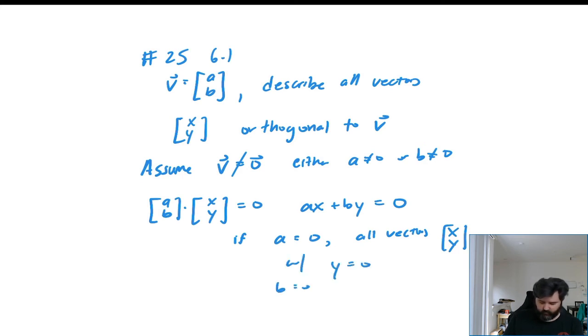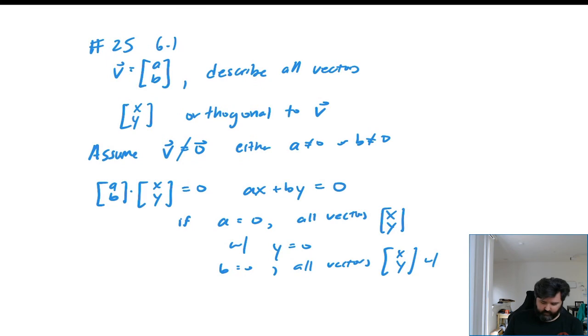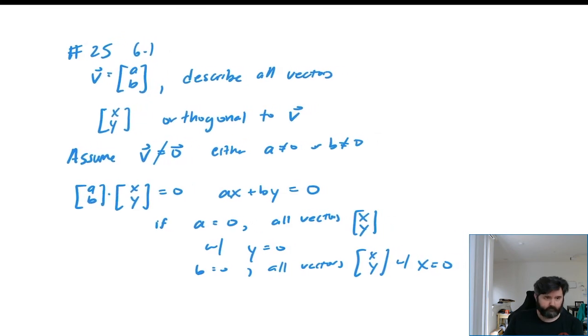If B equals 0, it's all vectors (x, y) with, oh sorry, I forgot what I'm writing here. It's going to take getting used to. With x equal to 0. There you go.